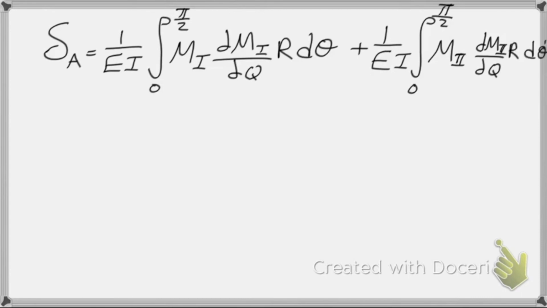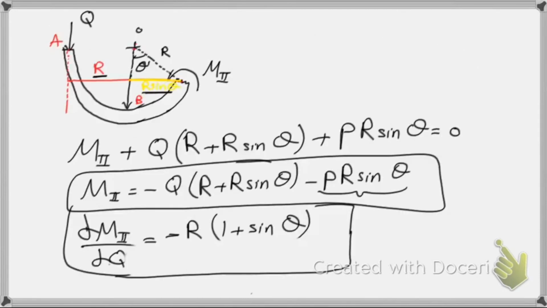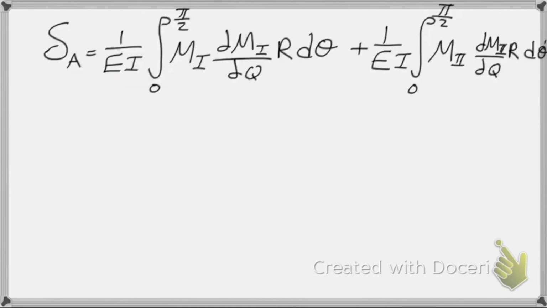And this one should be theta prime, just to distinguish it from the theta we used in section AB. So you just plug in all the terms for M1 and M2, and for dM1 over dQ and dM2 over dQ.